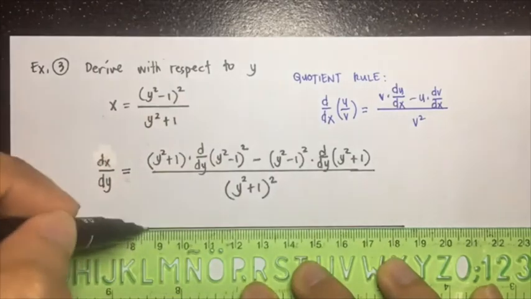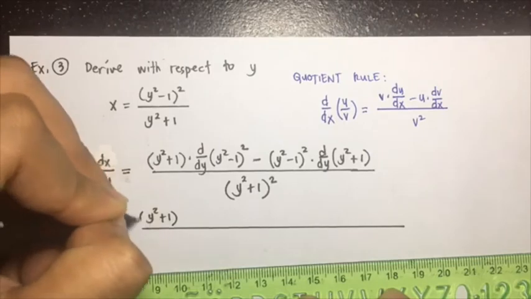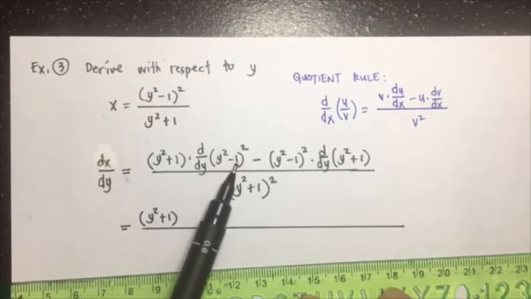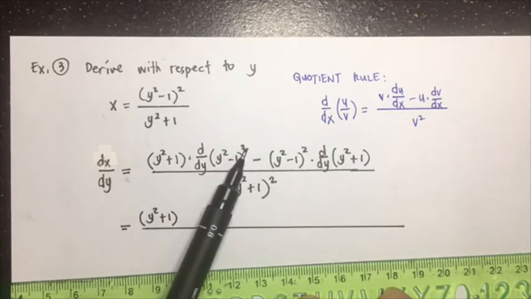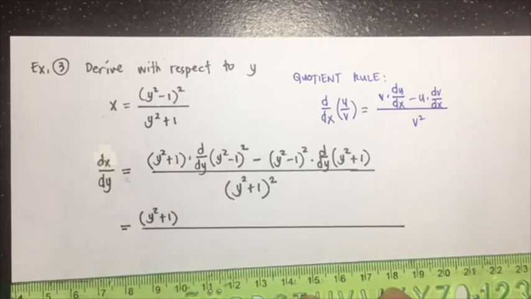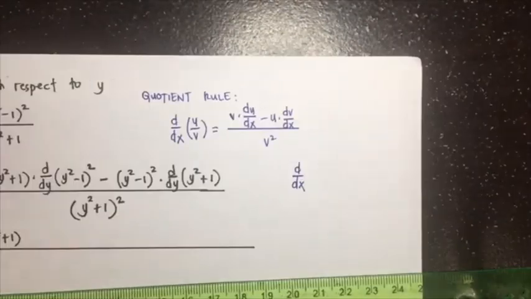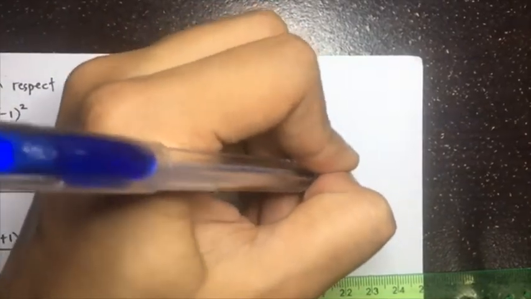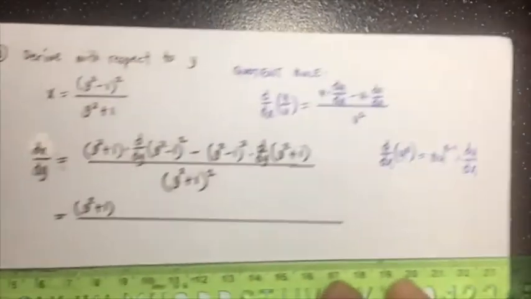Deriving, we will have here, copy y squared plus 1 multiplied by this. Here we can use the general power formula, where our u is y squared minus 1 and our n is 2. Recall the general power formula: the derivative with respect to x of u raised to n is equal to n u raised to n minus 1 times du over dx.